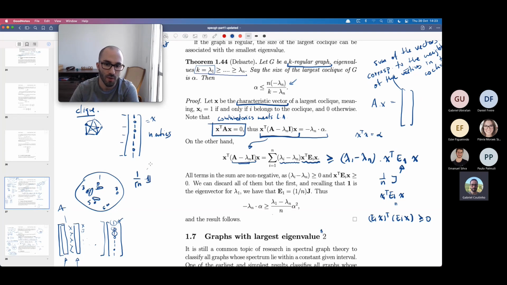This is the normalized vector corresponding to k. The projection onto the eigenspace here is 1 over square root of n all ones times 1 over square root of n all ones transpose. So this is 1 over n, 1, 1 transpose, which is 1 over n times the all ones matrix.